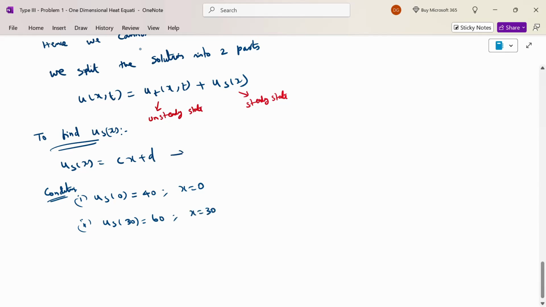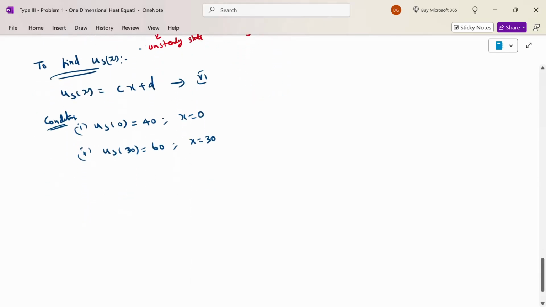Now this is the sixth condition, because we already used the fifth condition, now consider the sixth one. Therefore using the first condition in the sixth equation, with x equals 0. Now substituting x equals 0 in equation 6, u_s(0) equals c times 0 plus d.